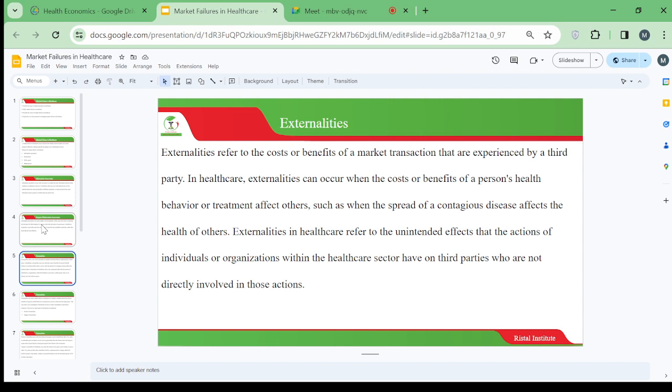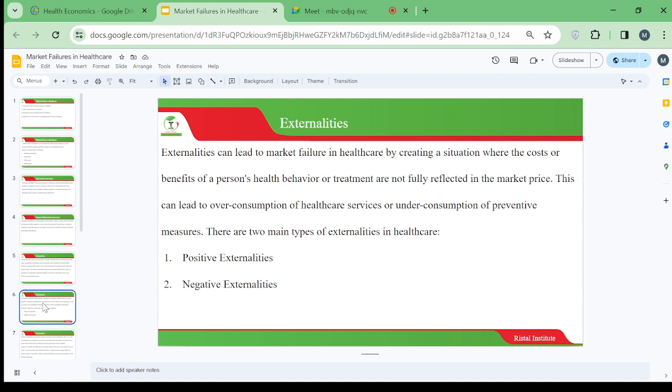So that is a perfect example of an externality. The externality can be negative or positive. Okay, so not all externalities are actually negative.